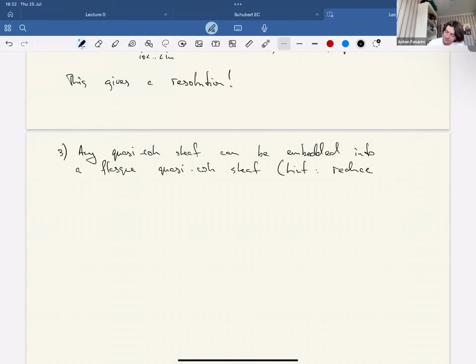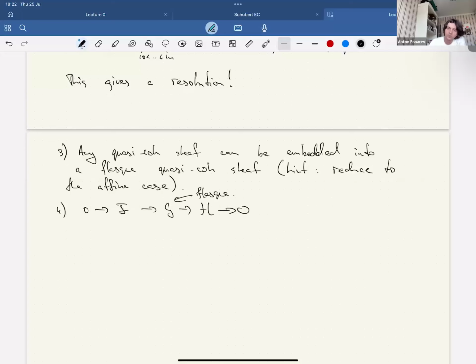Well, we'll use the affine case. And now the last point is, well, use induction. Consider F, G, H, where this is flask, and use induction.